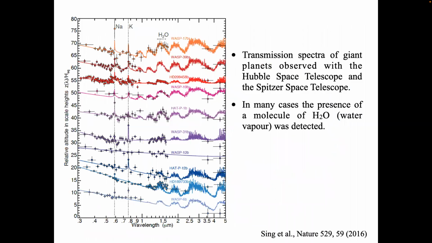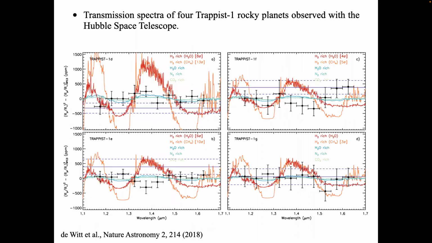And these are spectra obtained with the Hubble Space Telescope of different giant planets, and you can see that for a lot of them you can see the presence of water and other elements. This again are transmission spectra of rocky planets.